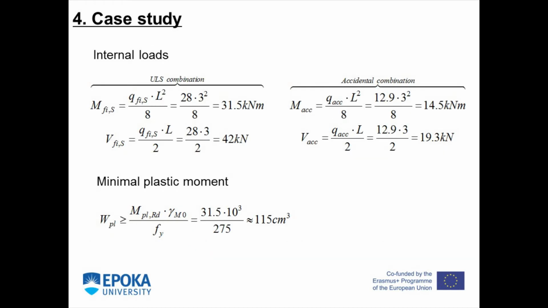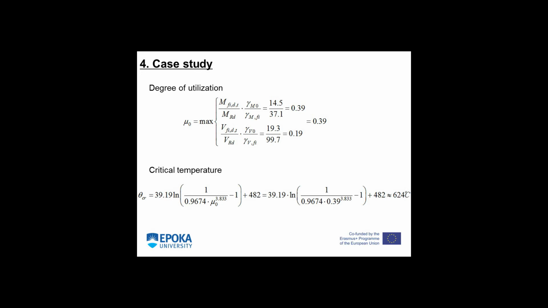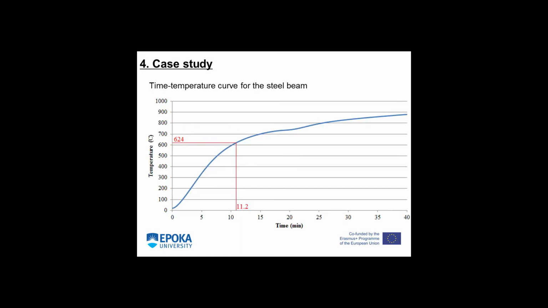Then the internal loads, the minimal required plastic moment, the degree of utilization, and the critical temperature are evaluated, with the values shown. After the evaluation of the increment of the temperature in the steel beam, we find that the time to reach the critical temperature is 11.2 minutes.